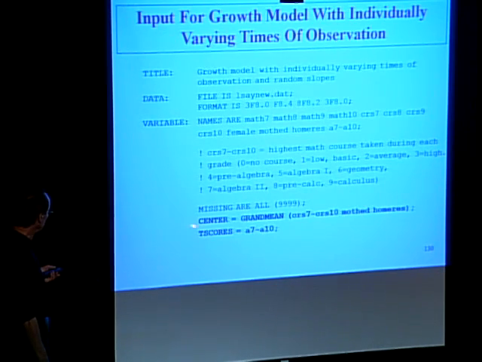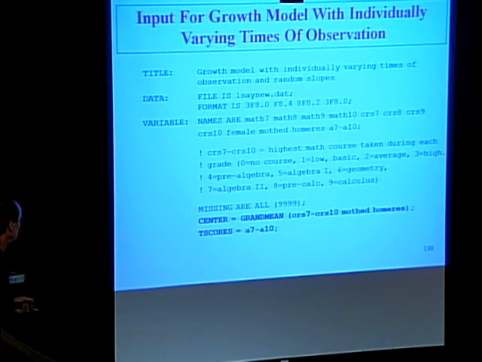And anyway, so here you have then a new option in Mplus, the centering, and another new option, t-scores. So centering is now of the simple kind. It doesn't have to do with the time centering, but it has to do with the covariates.